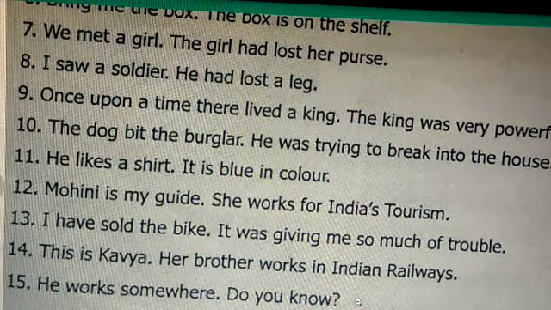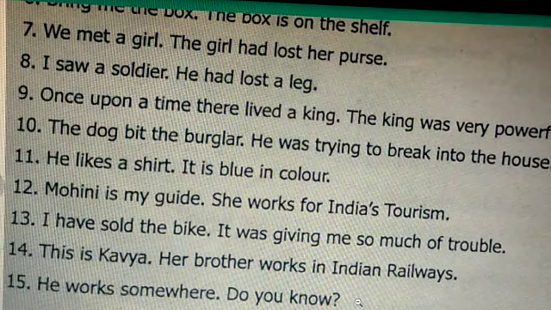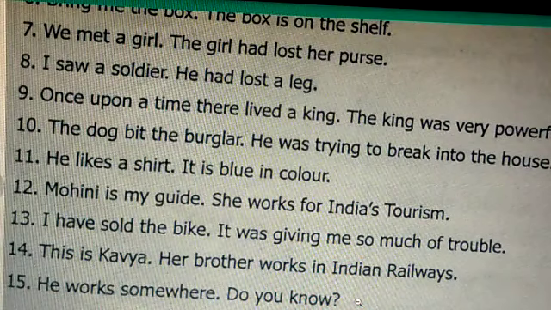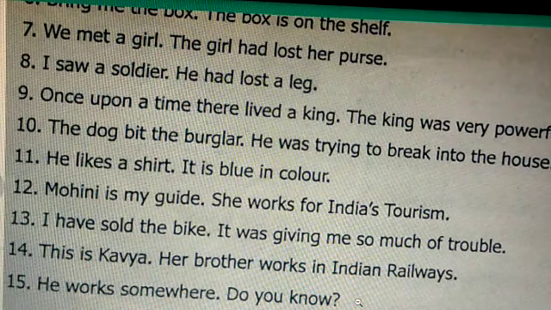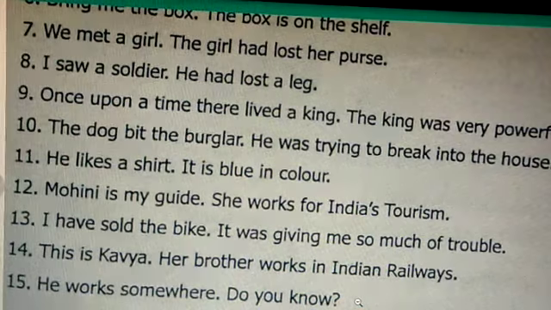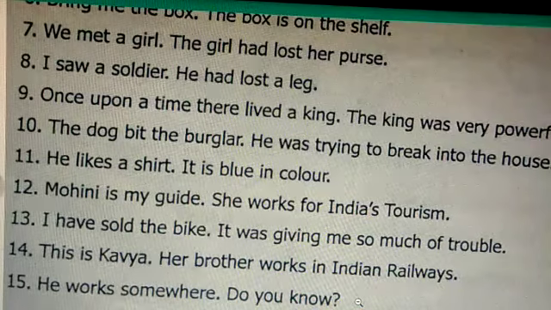It is blue in color. He likes a shirt which is blue in color. 12th one. Mohini is my guide. She works for India's tourism. Mohini is my guide who works for India's tourism.